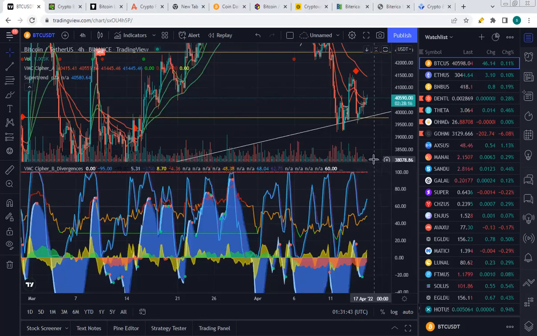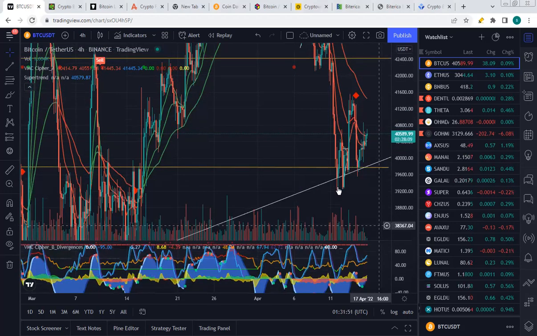As we zoom out, of course, we can get a better picture of what really is going on. So if we look up here, we see the candles moving in an upwards direction at 40,600 at the moment.